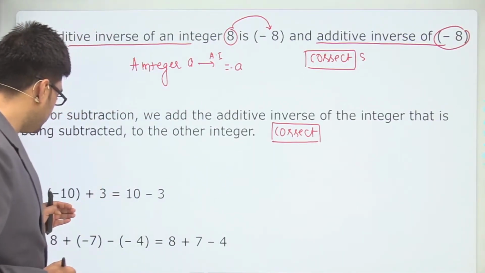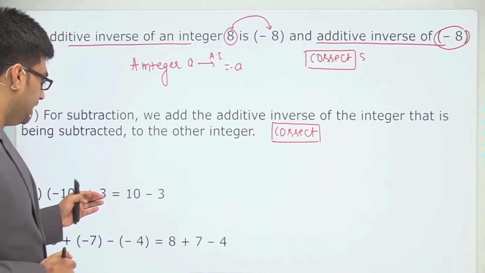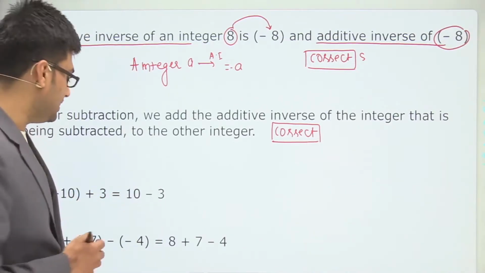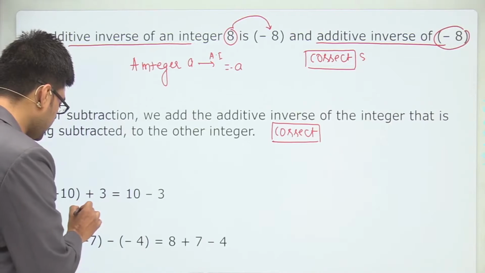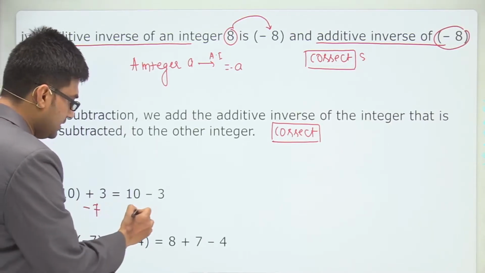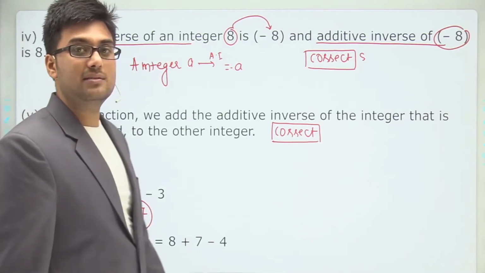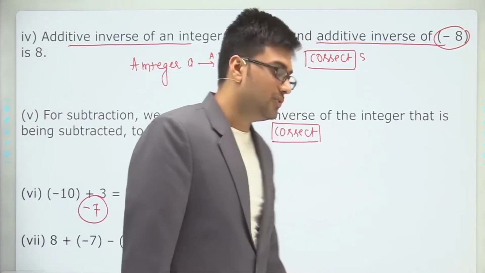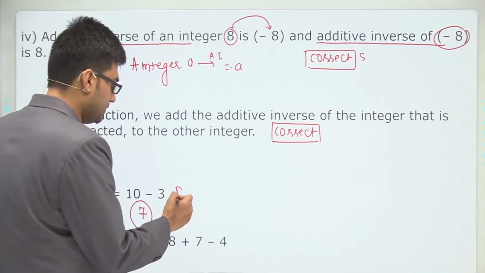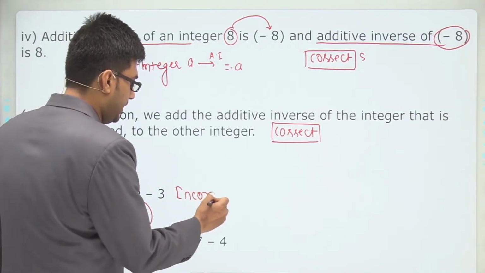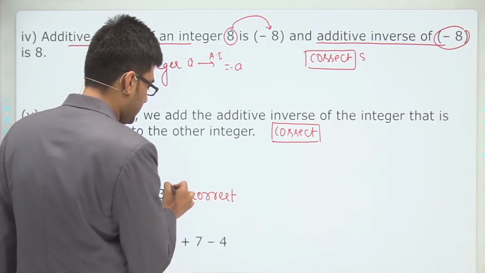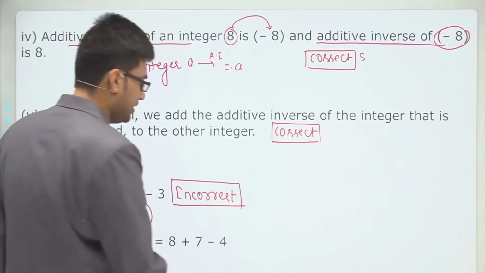Now here, minus 10 plus 3 is equal to 10 minus 3. Let's check. Minus 10 plus 3 is minus 7, and this is 7. Are these two equal? Students, minus 7 and 7 are not equal. So this is an incorrect statement.